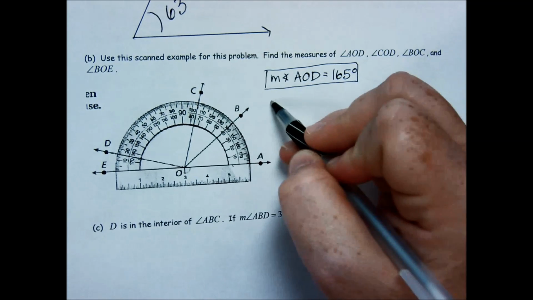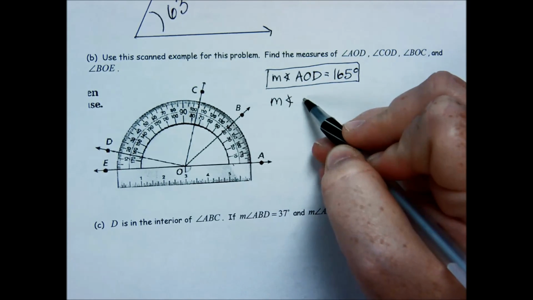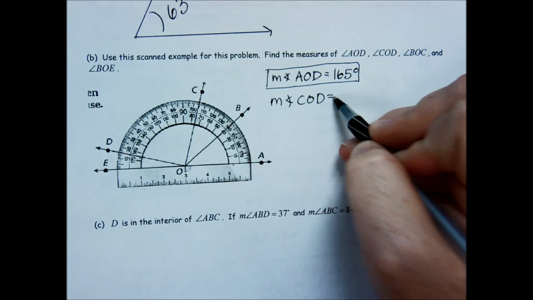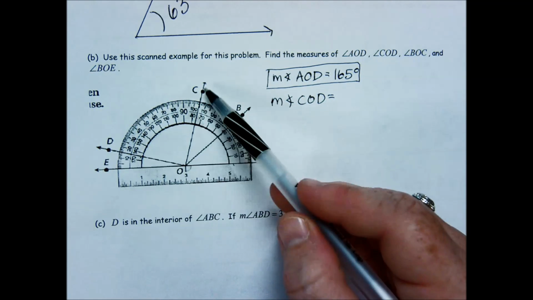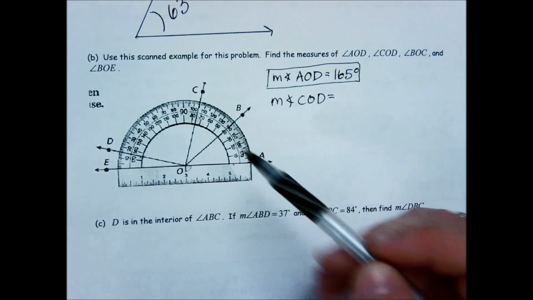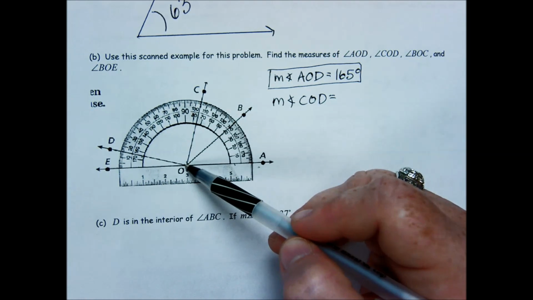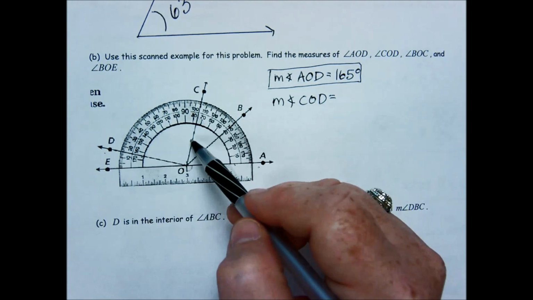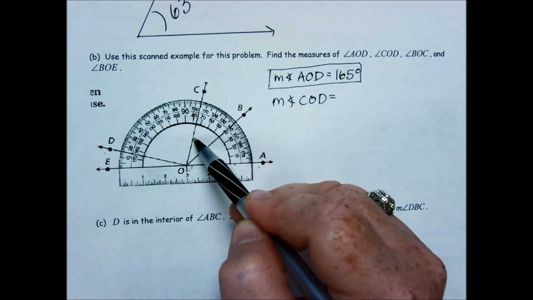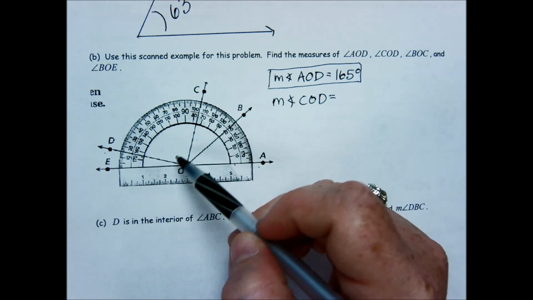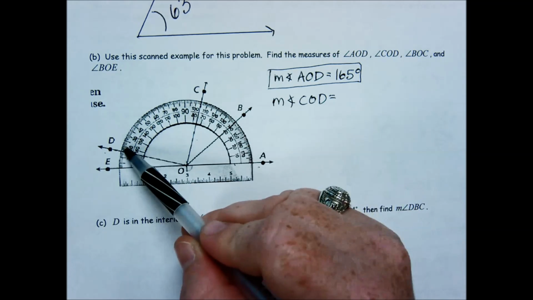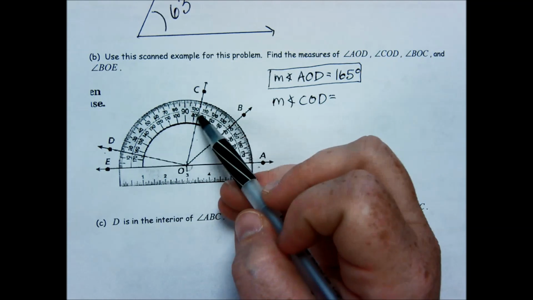Let's look at the measure of angle COD. We'll see this line right here doesn't start at 0 like the A does, but I'm going from C to O to D. So I'm looking at this angle right inside here. So if I'm looking at that, I can either use the inside or the outside numbers, whichever one I want to use. I'm going to use the outside.